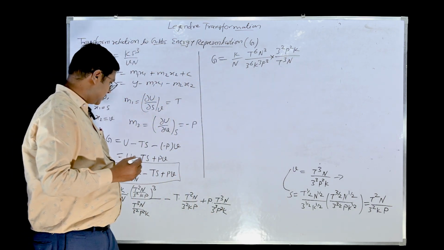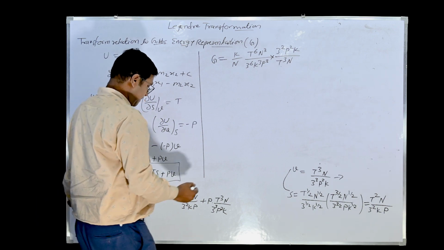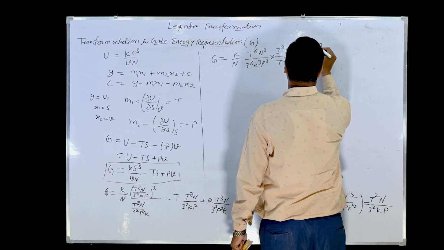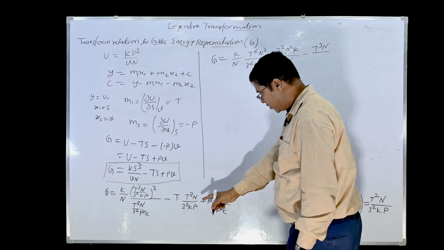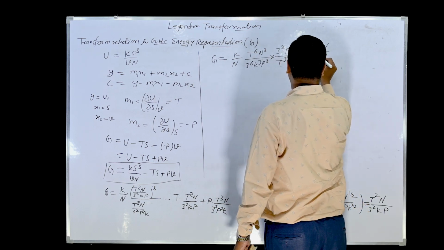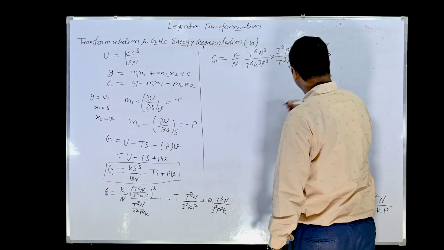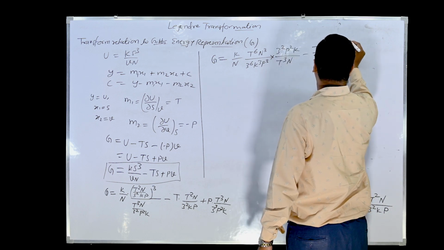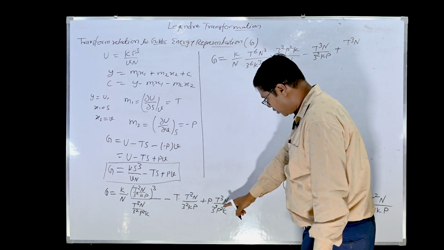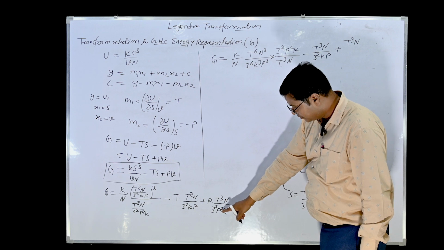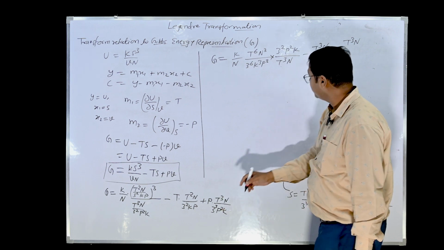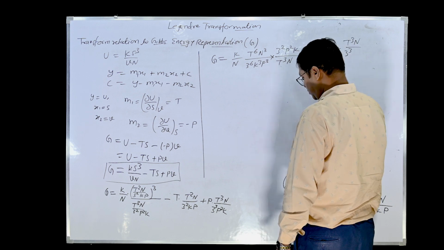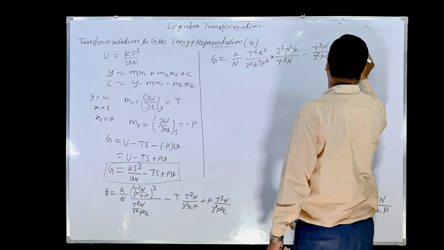T cube, and now here this is simple t cube n upon 3 square kp, then plus once again t cube n, in the denominator you can see there is a p square and here is a p, so p will become 3 cube p k.